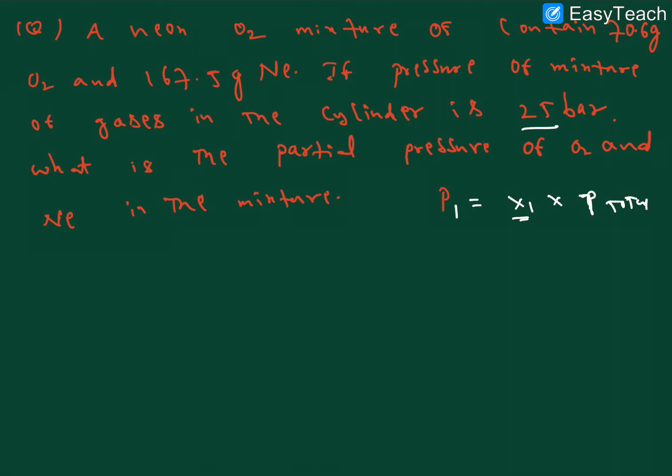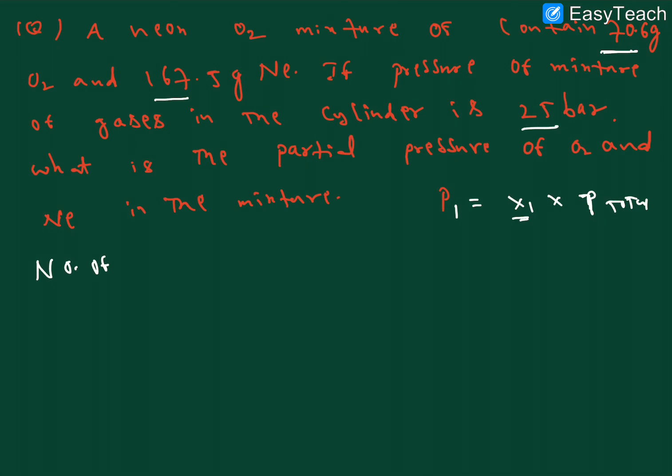But they are giving the weights here. O2 is 70.6, right? And neon is 167.5. So they are giving the weight, but we have to convert to mole fraction. To do that, first we have to convert to the number of moles, then we can calculate the moles of one component by the total number of moles, right?